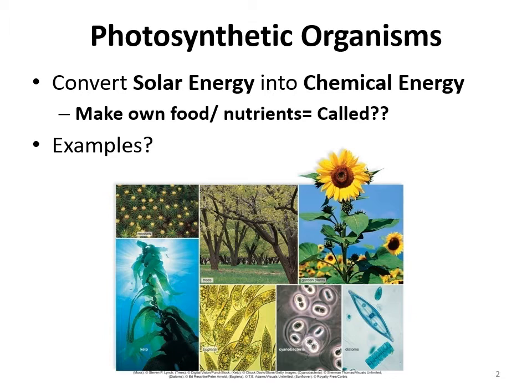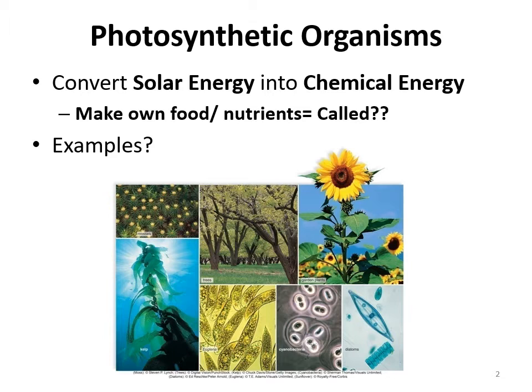We call these kinds of organisms autotrophs or producers because they're producing their own food. Autotroph is basically the scientific way of saying that, because auto means self and troph means feeding. So autotroph is self-feeding.